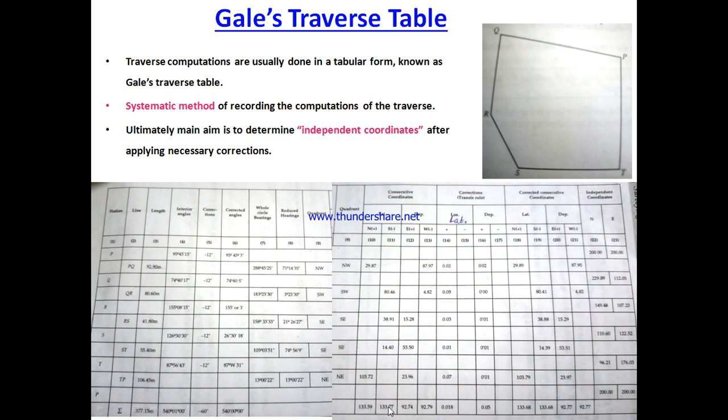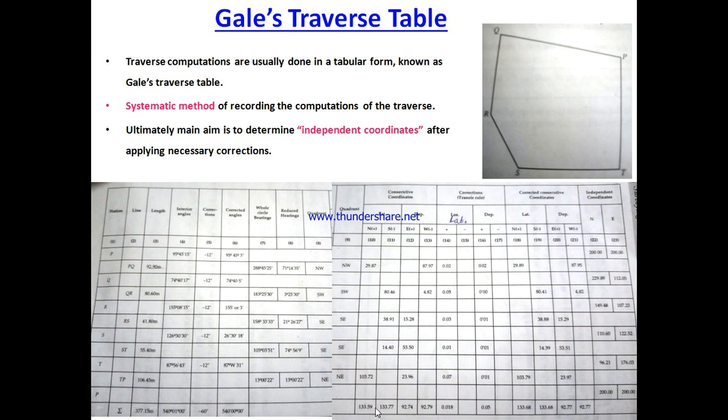Now here arithmetic sum is the total sum irrespective of the sign convention. Firstly, we have to use the sign convention for calculating the algebraic sum of latitude. Then we need to calculate the arithmetic sum of latitude.